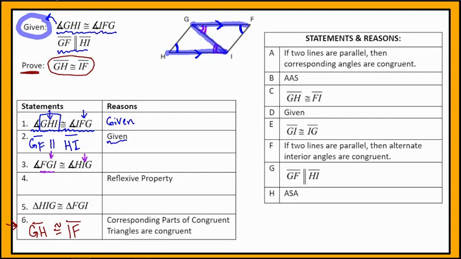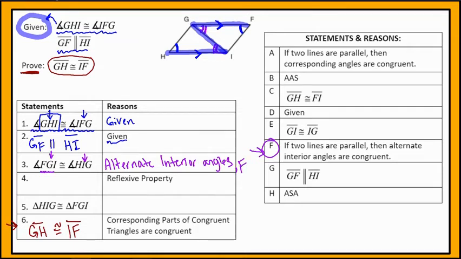That means the reason is going to be alternate interior angles, right here. You're fine to write the letter F, but I'm going to write out the whole word. Alternate interior angles. Remember, this will probably be a drag and drop problem, so you'll just be able to drag, if two lines are parallel, then alternate interior angles are congruent, onto that box.